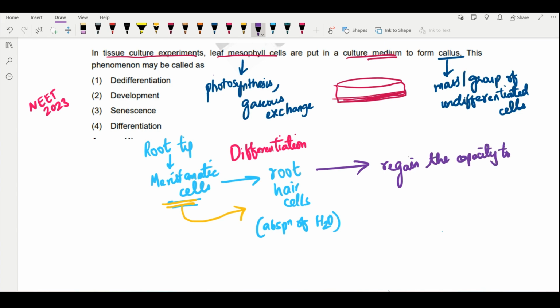Now, when these root hair cells again regain the capacity to divide and are not specialized to perform any specific function, they are meristematic again. That means they can continuously divide, they have the ability to divide. So this process where differentiated cells, the root hair cells, again regain the ability to divide, that process is known as de-differentiation.